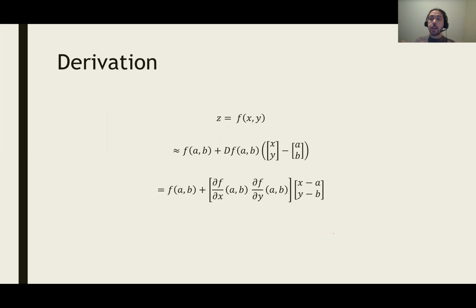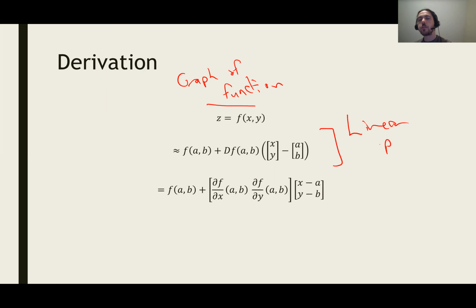It's just plugging in what the matrix of partial derivatives is going to look like in the specific case we're doing. So here on top, we have the formula for the graph of our function. And that's pretty close to this down here. This is the linear approximation. This is the closest possible linear function to the function we have.